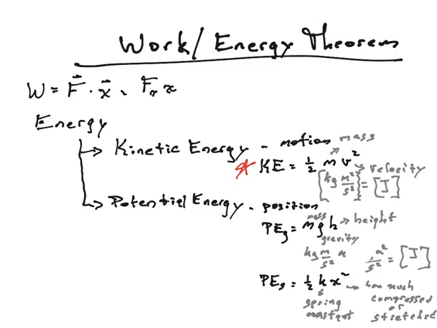So how are we going to make use of it? Well, notice you apply work. You're applying a force to an object. We know from Newton's second law, F equals ma, forces give rise to accelerations. That means forces give rise to changes in the velocity, right?